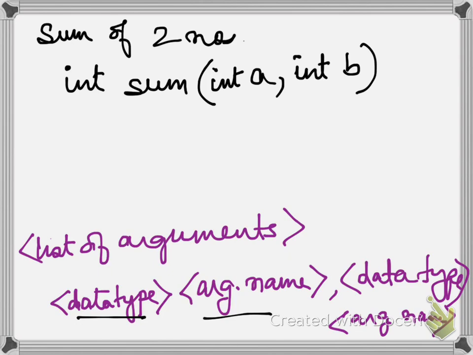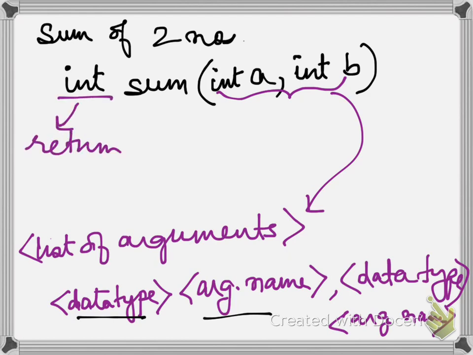That's it. So this whole thing is my list of arguments. This is the return type, and this is the name of the method.